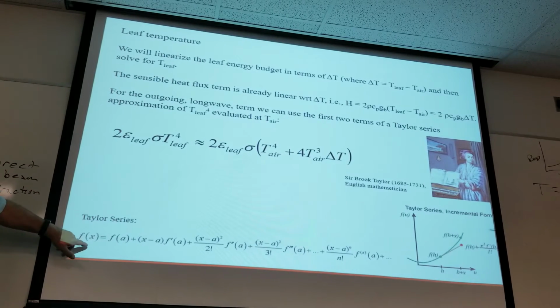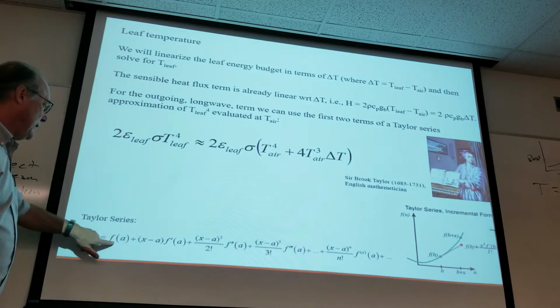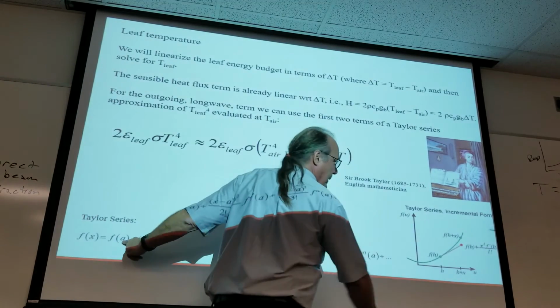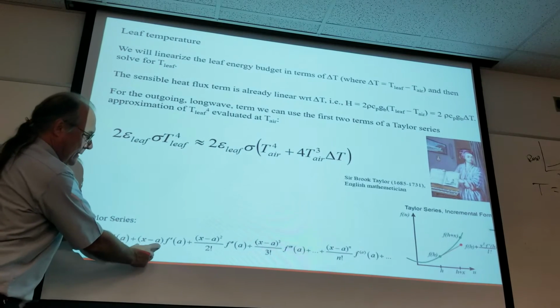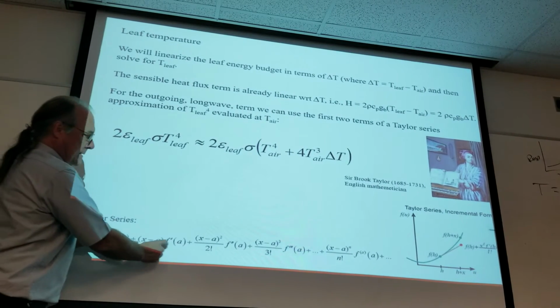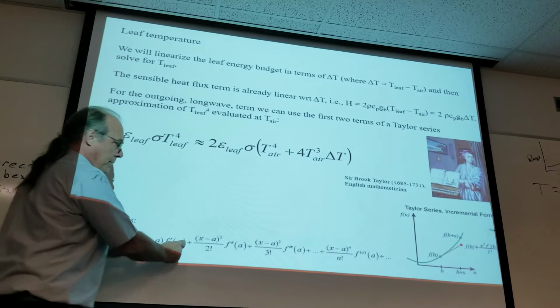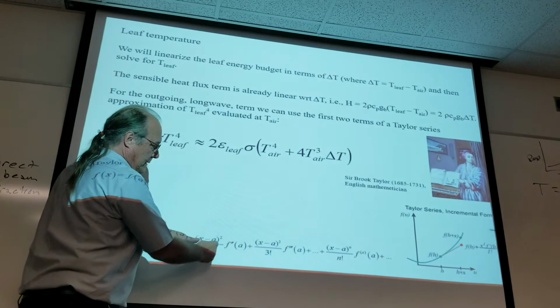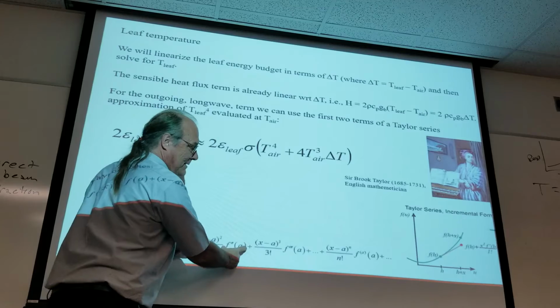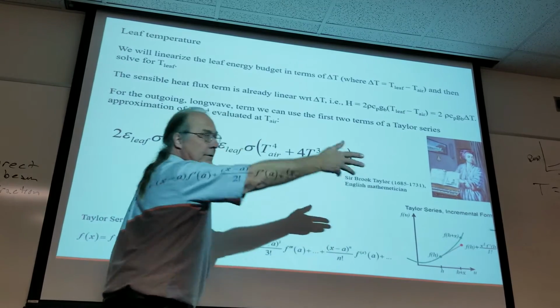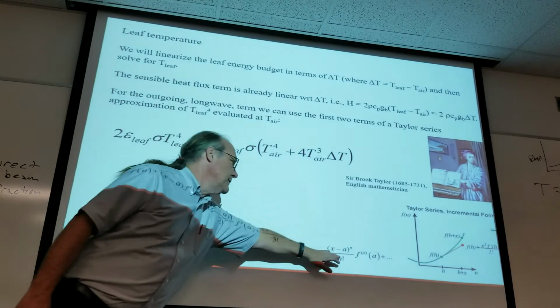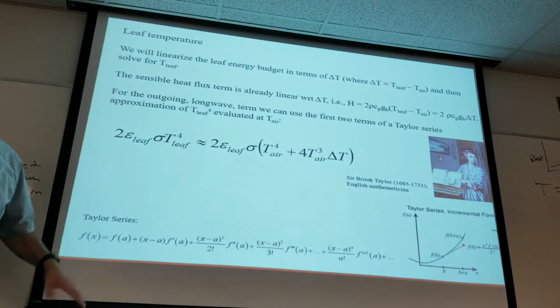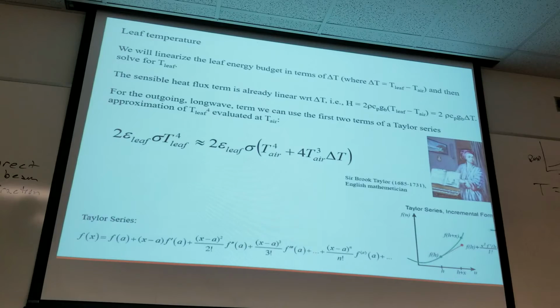The Taylor series says that's f evaluated at some point a, that's not on it, plus how far away x is from a times the first derivative, plus how far away x is from a squared over 2 factorial times the second derivative, and so on, third, fourth, nth derivative. It's an infinite series. So this infinite series can be used to approximate this function as closely as we would like.